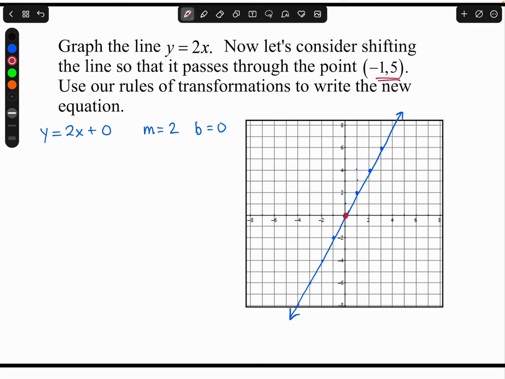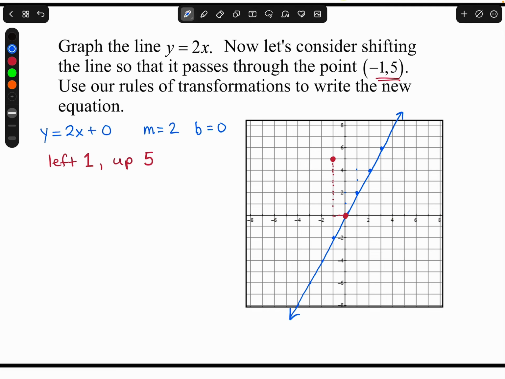If this is going to move to the point -1, 5, we know we're going to go over 1 and up 1, 2, 3, 4, 5. I'm trying to highlight it so you can see it there. We're going to move to this point. So we moved left 1 unit, and we moved up 5 units.